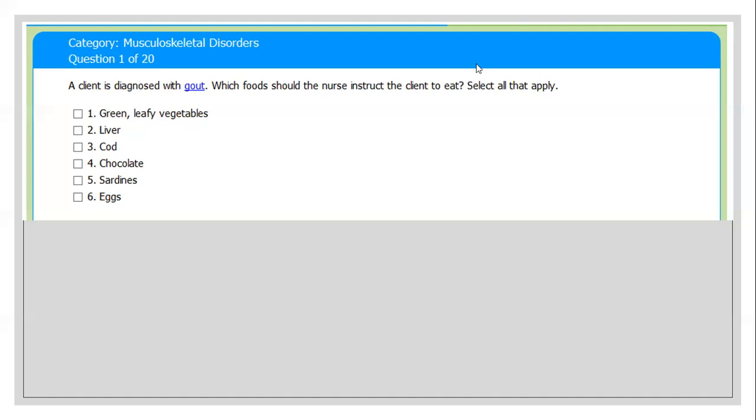So now the question here, select all: what should the nurse instruct the client to eat? Out of the 6 options, foods which contain purine are better avoided. Number 1, green leafy vegetables. Definitely it is a food for gout because it does not contain purine. Liver must be avoided, right? Cod, chocolate, sardine, eggs.